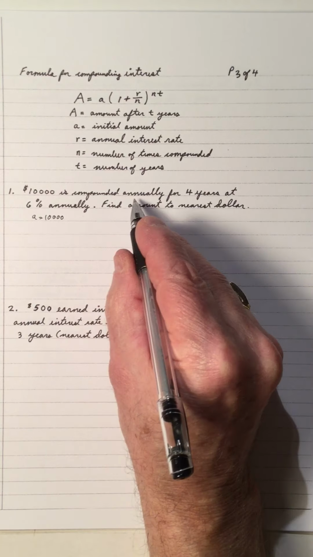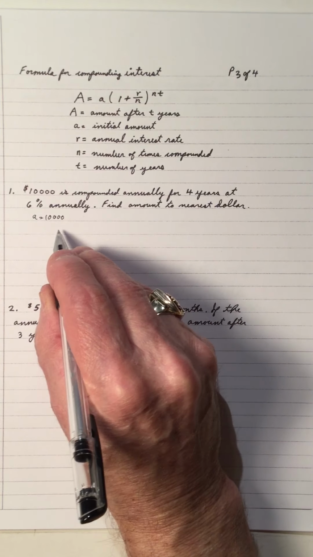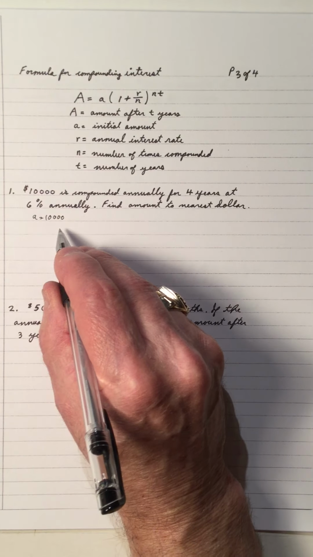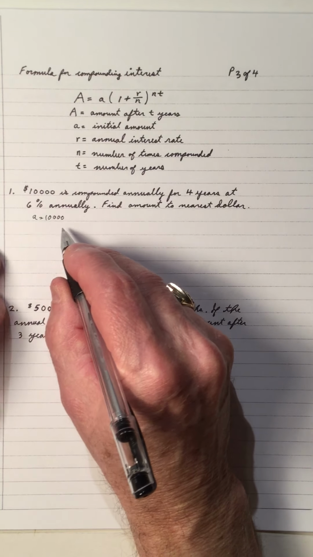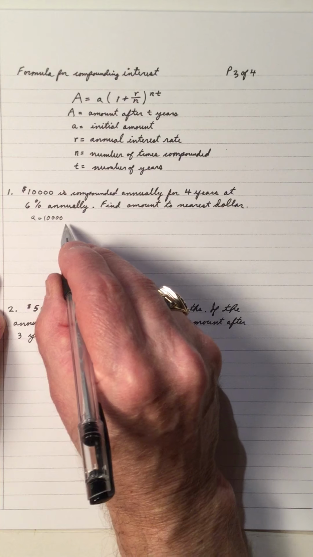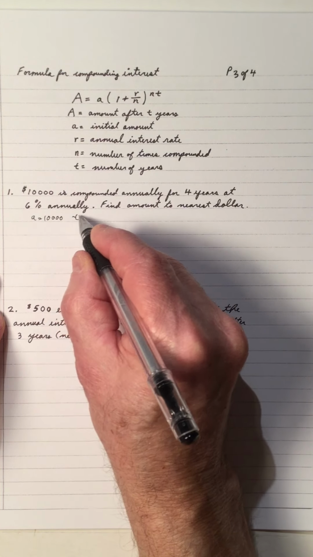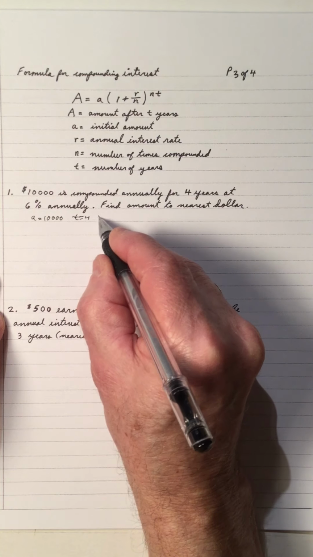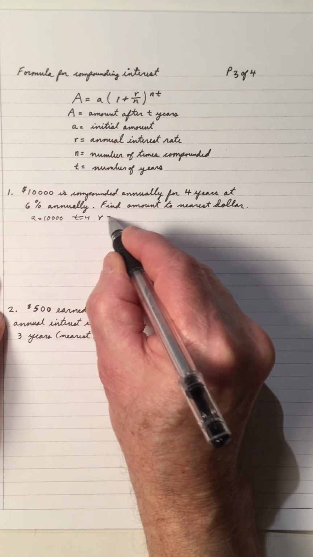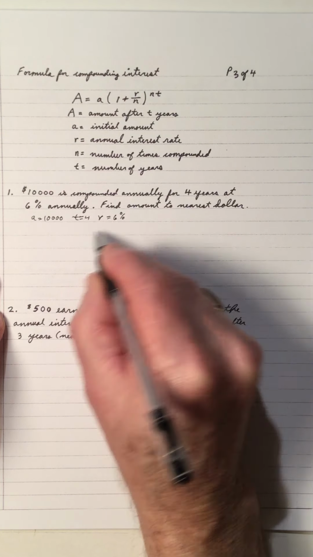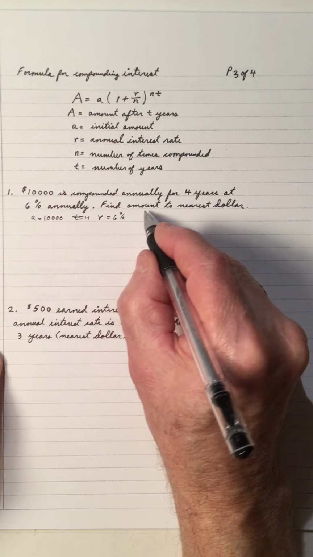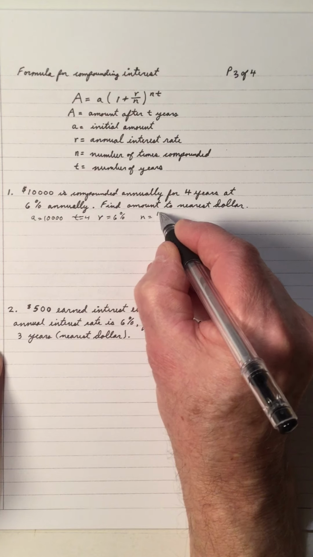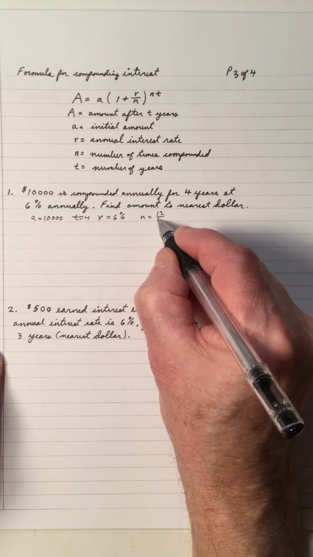We have $10,000 compounded annually. So that means it's compounded every year, and the time is 4 years, and the rate is 6% annual rate. The number of times compounded annually, so the number is 12 months, and it's happening every 12 months.